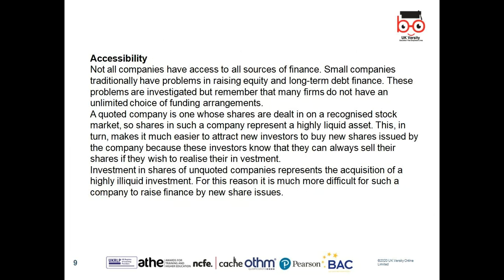Okay. Accessibility. Not all companies have access to all sources of finance. If we are the NHS, of course we can't issue shares to the public because we're not earning profit. We're not a profit organization. So we need to give a tender or quotation to government, local council, or insurance companies. Patients will buy medical insurance, so we can charge money from them.